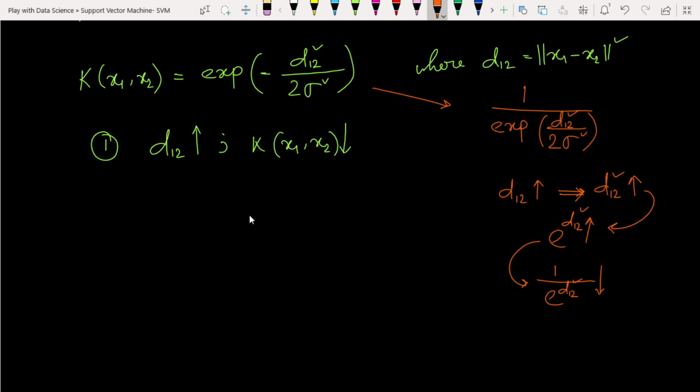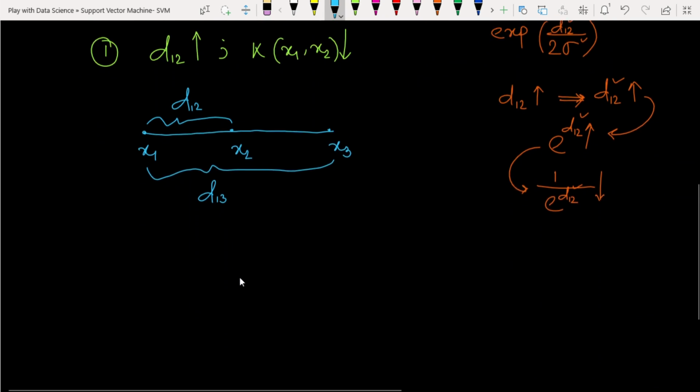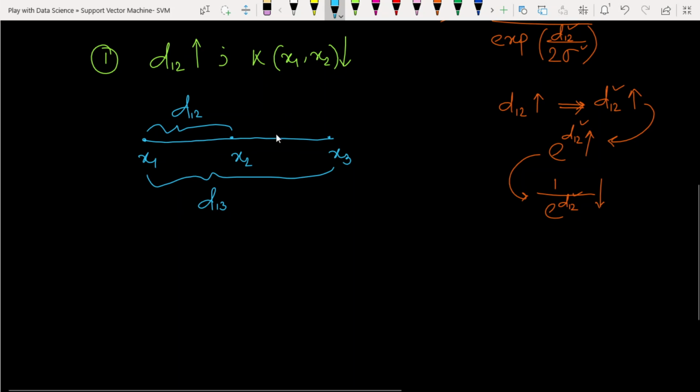So in another language, suppose we have 3 points. This one is our x1, this is x2, suppose x3, and the distance of x1 and x2 is d12, and the distance of x1 and x3, let's take it is d13. Then simply if d increased, kernel decreased.